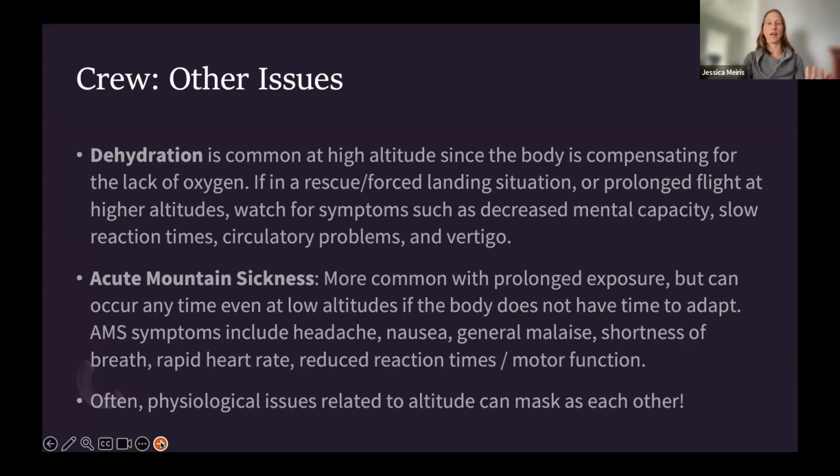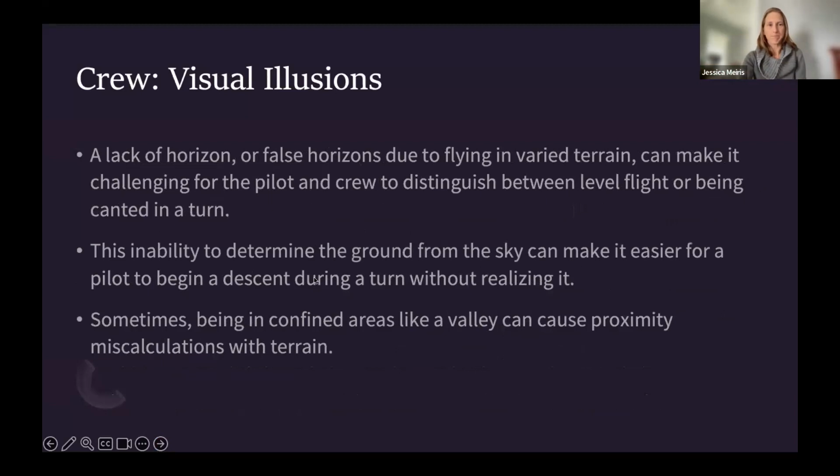You might have a headache, you might be a little slow to react, you might have some cognition issues, and they're all similar enough that it might be hard to distinguish what is actually happening physiologically. So be aware of all of those considerations, spatial disorientation, dehydration, acute mountain sickness, hypoxia, and know yourself well enough to distinguish between them and treat the appropriate condition, which typically looks like descending, getting out of the mountain environment if you can. If that's not possible, then treating those as they come.